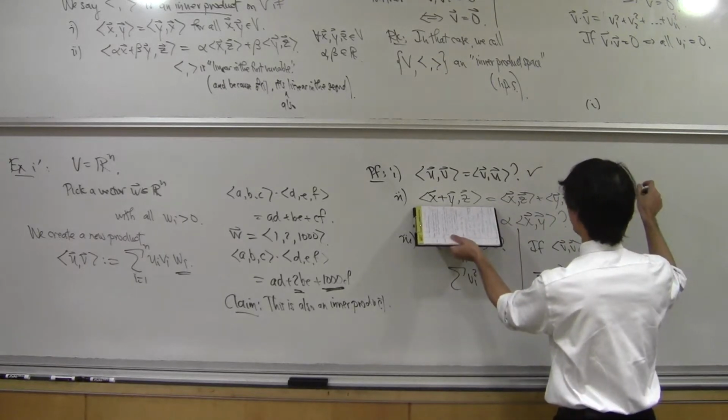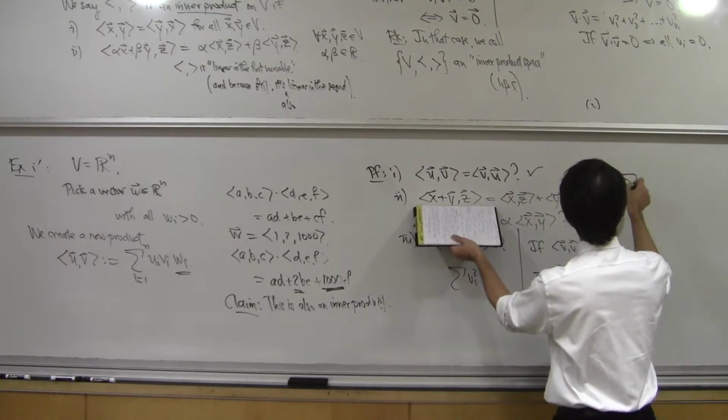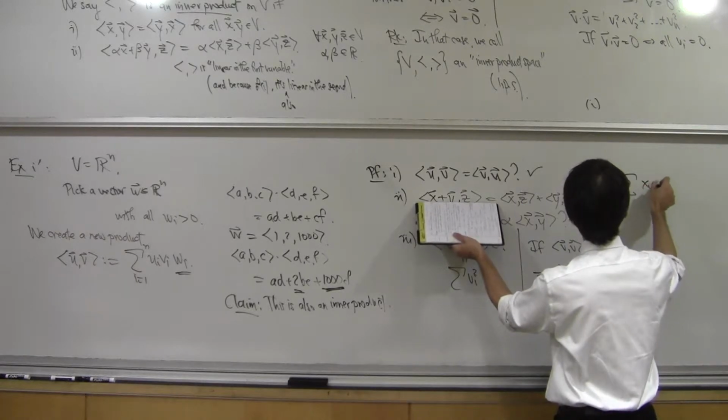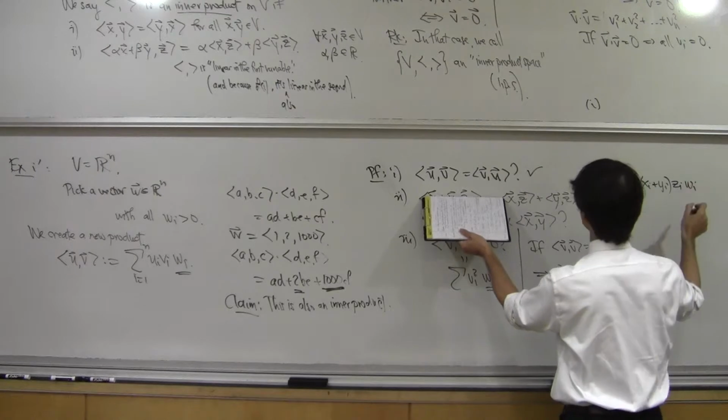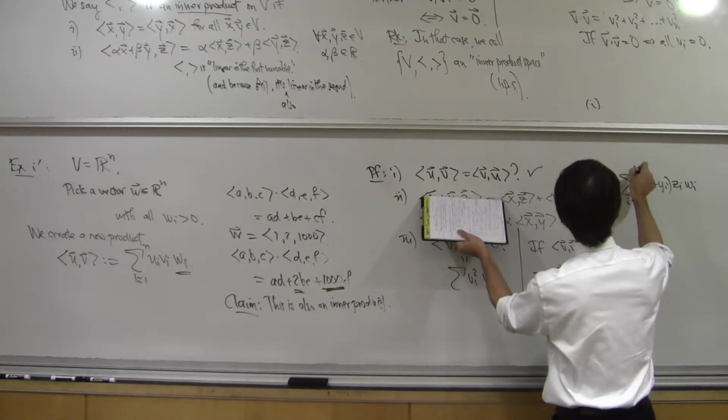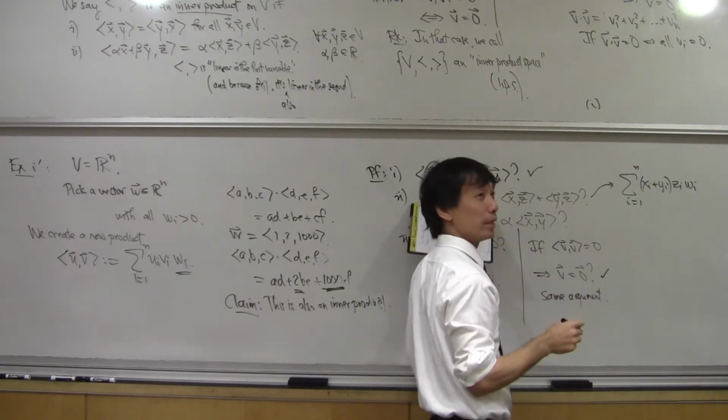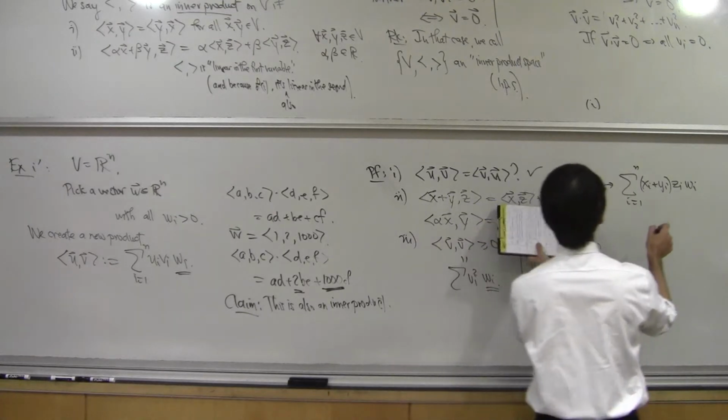⟨X + Y, Z⟩ would be the summation of (x_i + y_i) z_i w_i, from i equals 1 to n. So that's the left side. What's the right side?